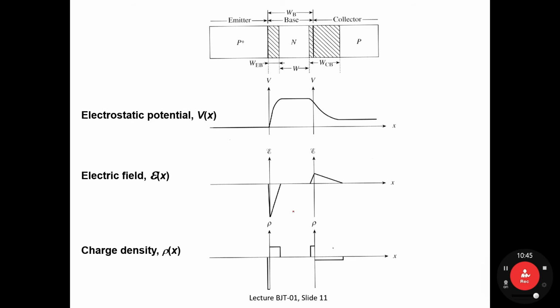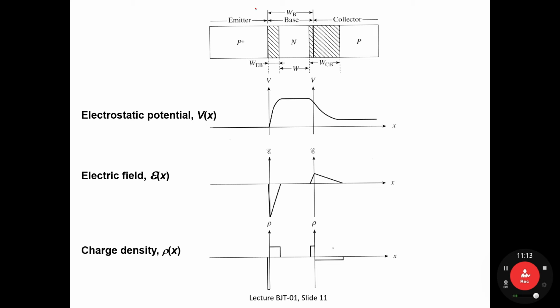All right. In the upcoming lecture notes, take a look at the electrostatic potential along the x direction, as well as the electric field and charge density along the x direction, together. At a time, I have drawn all three plots to show the electrostatics for the BJT, which is a PNP in this case.